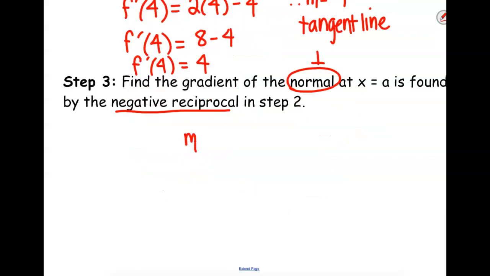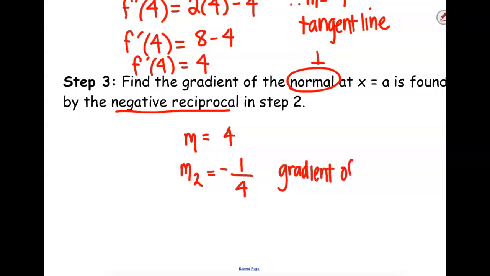So if this is your slope in step 2, which was 4, to find its normal or perpendicular line, m sub 2, you're going to reciprocate that, 1/4, and then change the sign to a negative. So that is the gradient or slope of the perpendicular line, or your normal, at that point (4, 3).